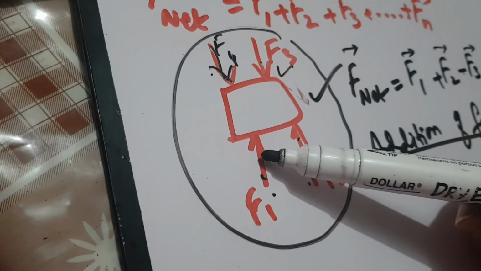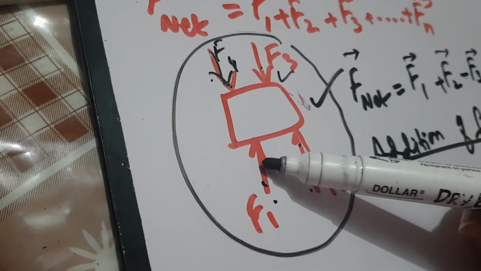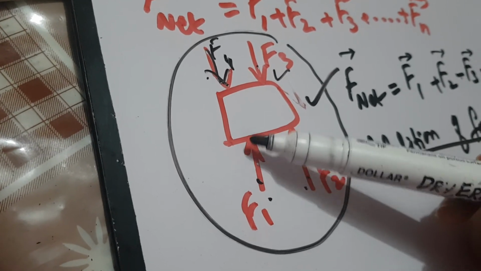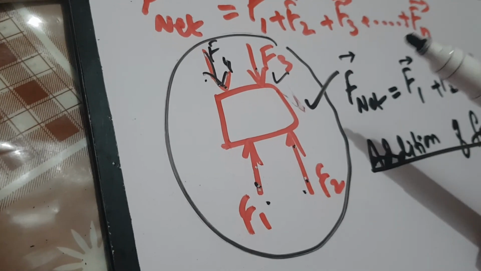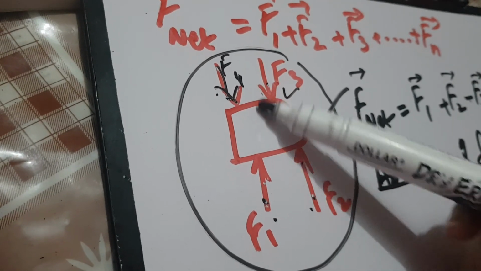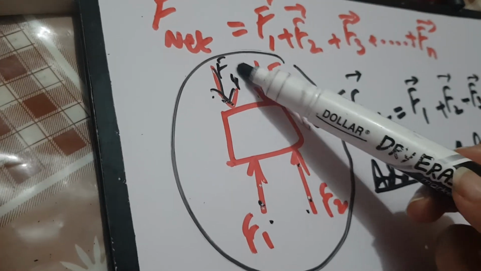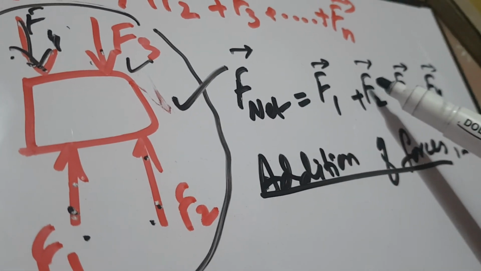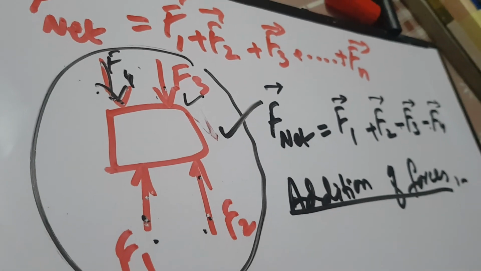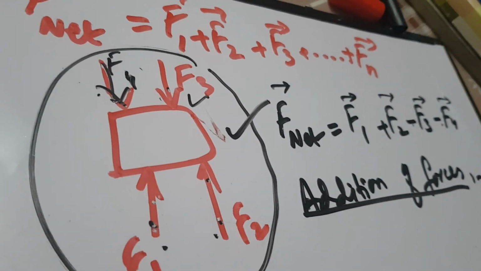If you consider this as the positive direction, then you use these two forces as positive, and you write the negative sign with the other two. So hopefully you understand these things.